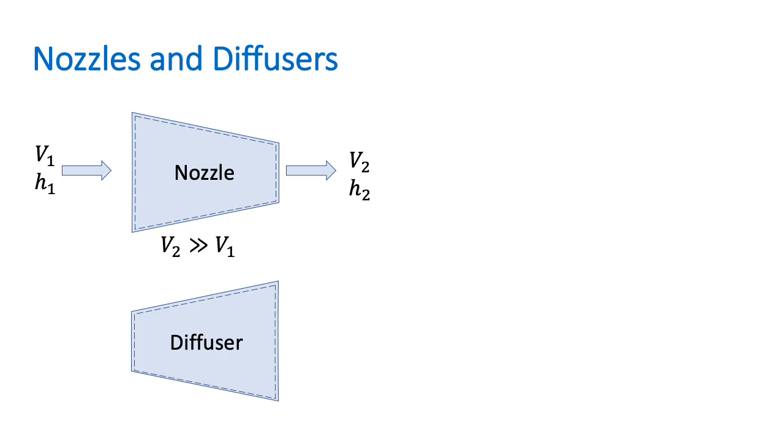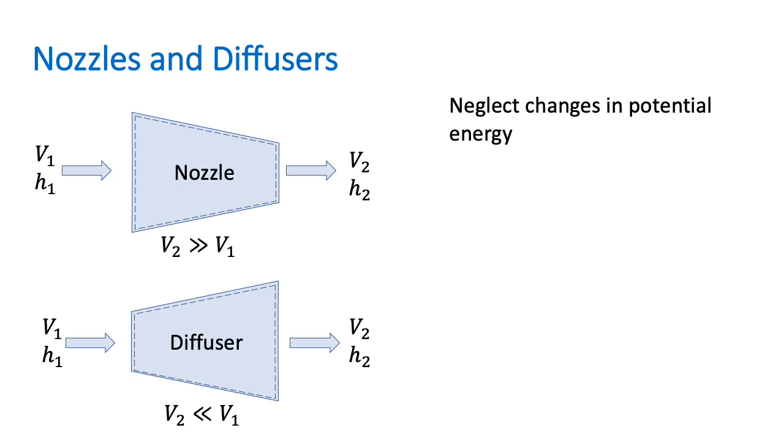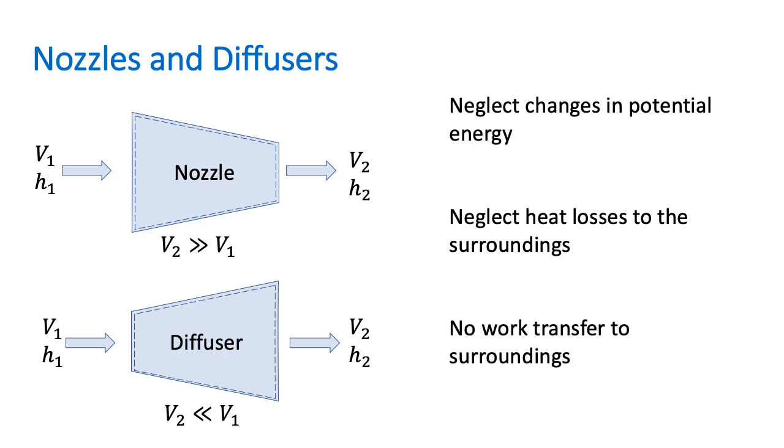Now a diffuser is just a nozzle in reverse. So we are entering with V1, enthalpy H1, leaving at V2, enthalpy H2. But in this case, the exit velocity is much less than the inlet velocity. Now we can neglect changes in potential energy. We can neglect heat losses to the surroundings if the nozzle and diffuser are well insulated. And there's no work done in passing through a nozzle or a diffuser.